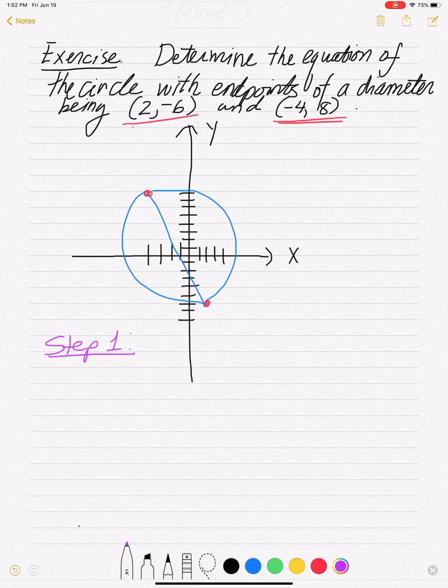That diameter right there, between those two points, look at the midpoint. The halfway mark is going to be the center. So find the center by finding the midpoint of the diameter.